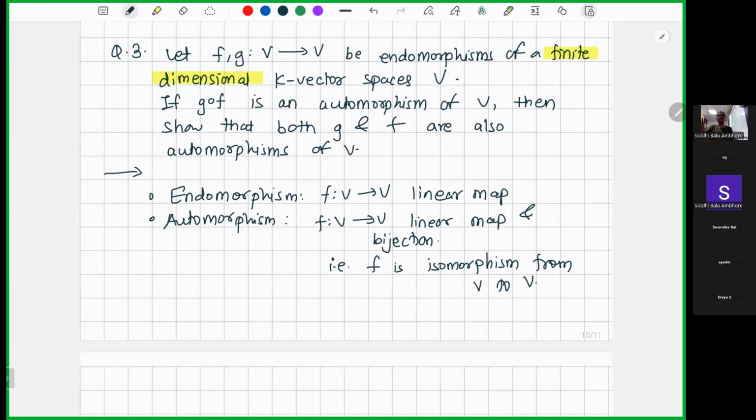F and G are just endomorphisms initially given on a finite dimensional vector space, and if the composition is an automorphism, then G and F both are automorphisms. So F and G are two functions given, their composition is a bijective map, then both of them are bijective maps. That's the significance of this.